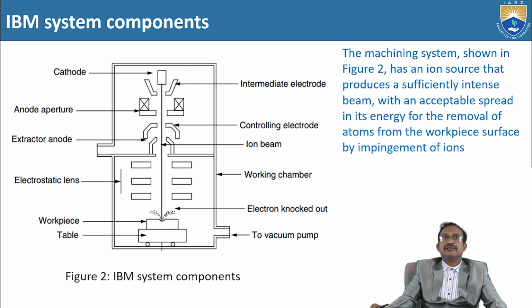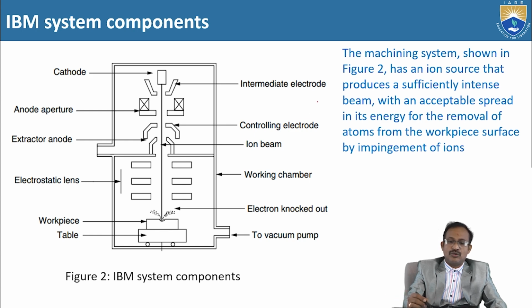Now let us see the important components of ion beam machining. Now look at this figure, ion beam machining. So here cathode, anode aperture, intermediate electrode, controlling electrode, extractor anode, ion beam, electrostatic lens, working chamber, workpiece.